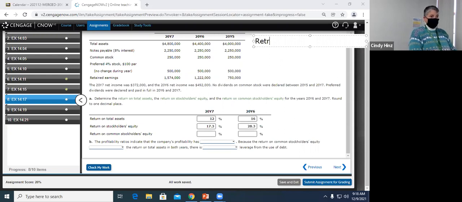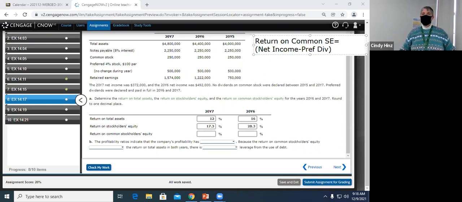The numerator is net income, but we're going to subtract from that the preferred dividends, because that's earnings that are not available to the common stockholders. They went to the preferred stockholders. So we'll have to figure that out for this exercise.